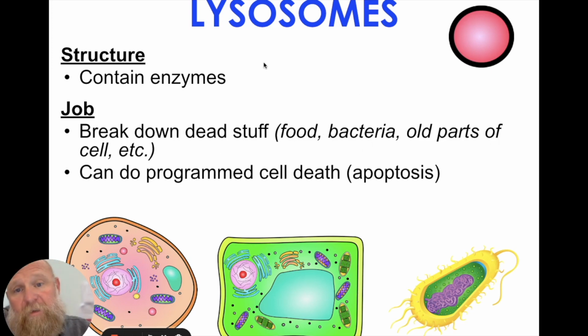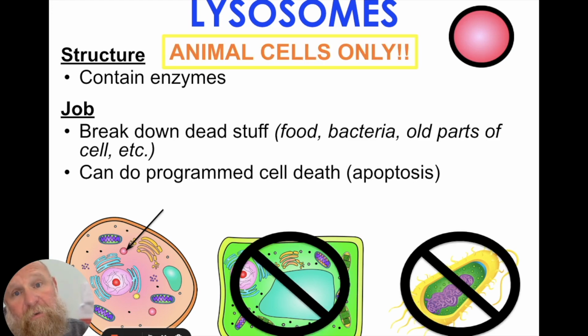Now, which of these cells have lysosomes? Well, right off the bat, you're going to notice that an animal cell, eukaryotic animal cell, has lysosomes. You see this lysosome right here. Now, this is the general consensus: plant cells do not, nor do prokaryotic cells.